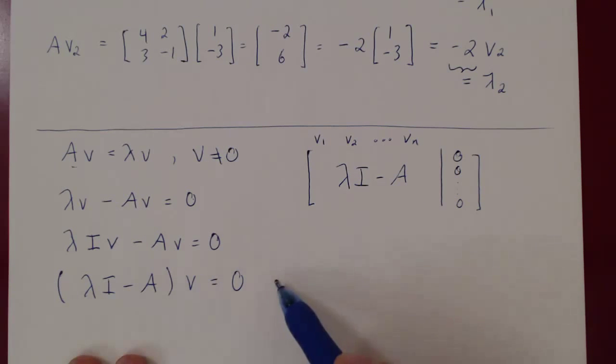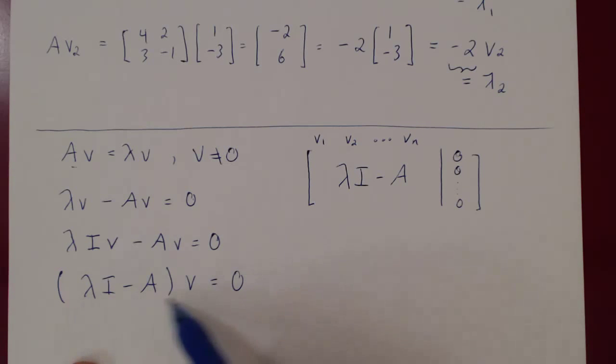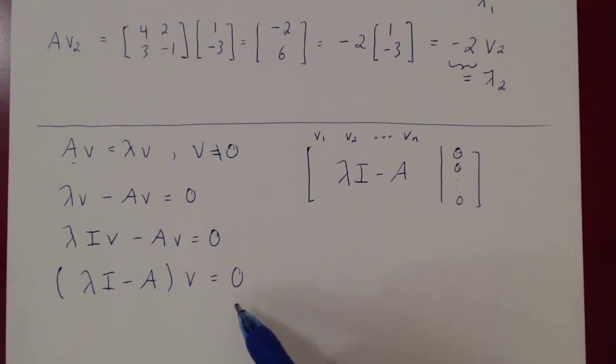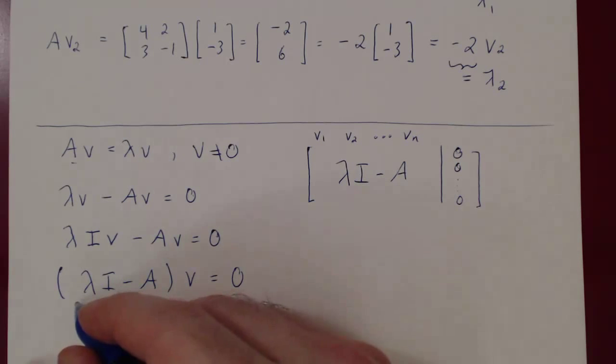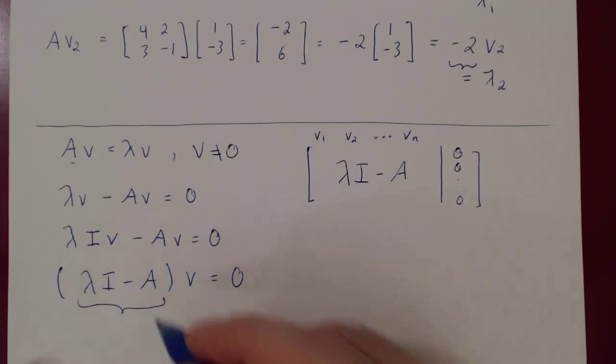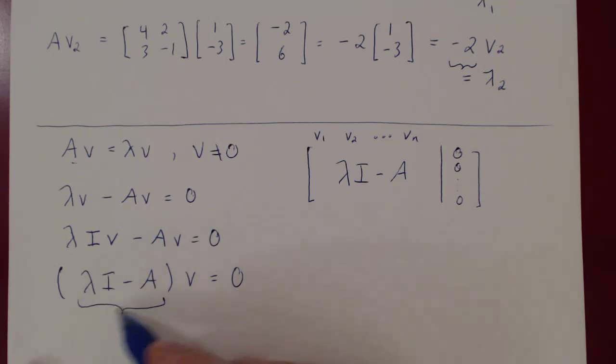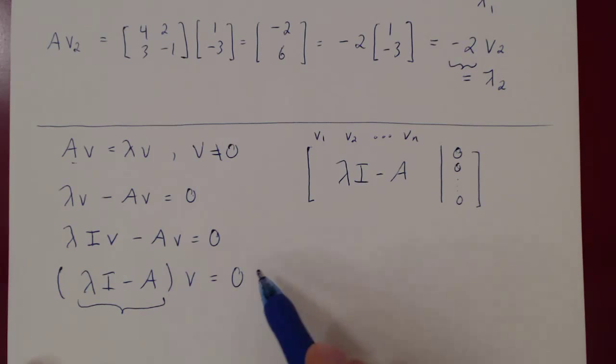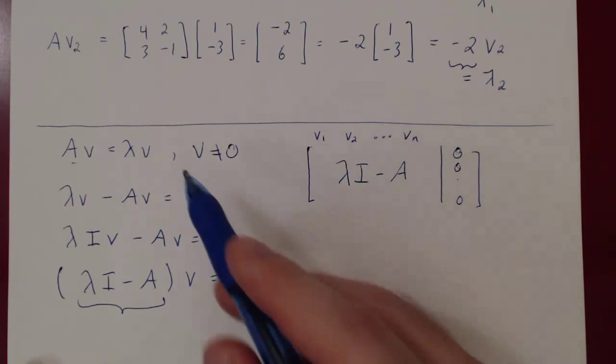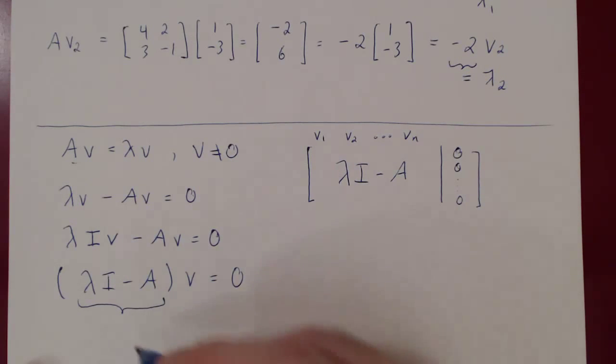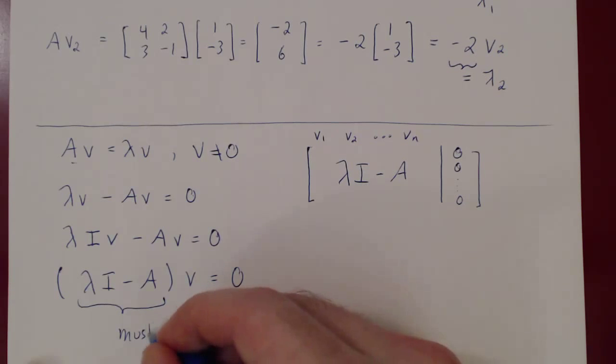Therefore, this linear system has to have at least two solutions, therefore an infinite number of solutions. But what does this say about this matrix? Because the system has an infinite number of solutions, this matrix cannot be invertible. If this matrix were invertible, you could multiply by the inverse on both sides, and v would automatically be the zero vector. Since we're looking for a non-zero solution, this matrix must be singular.